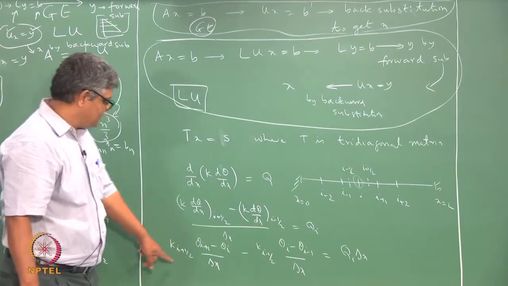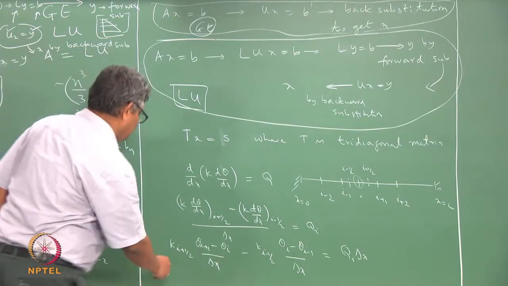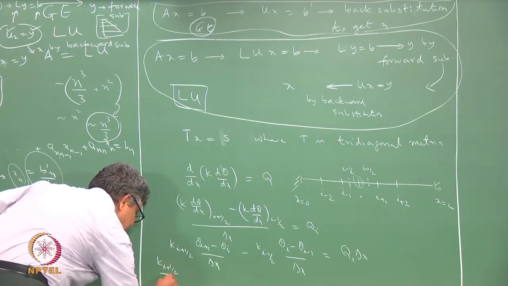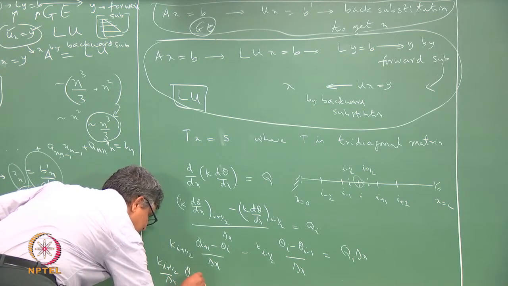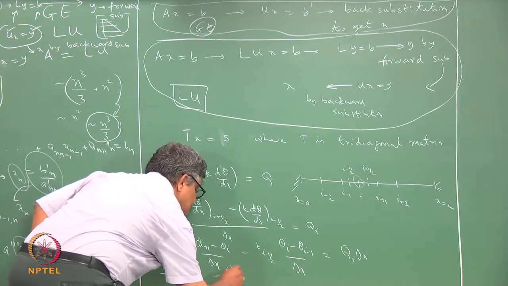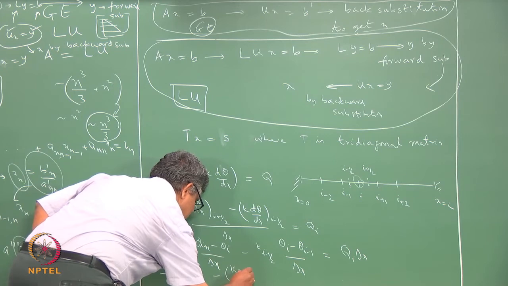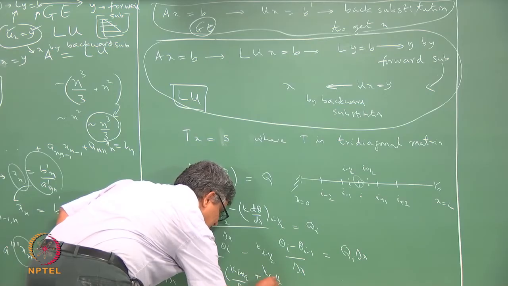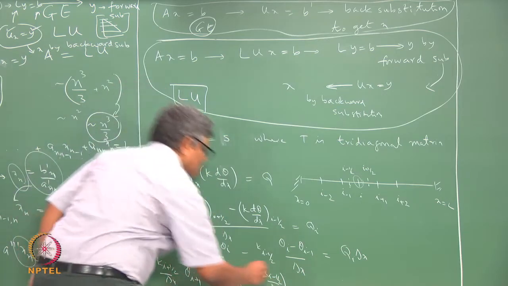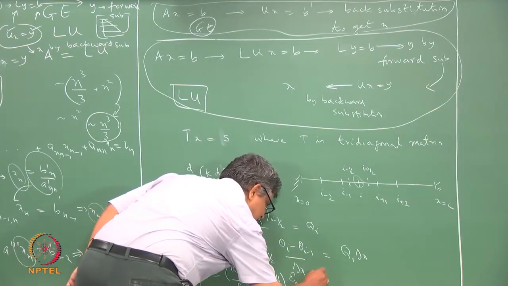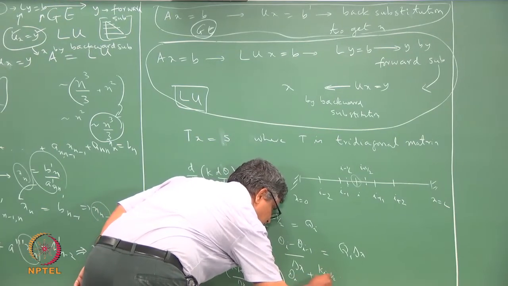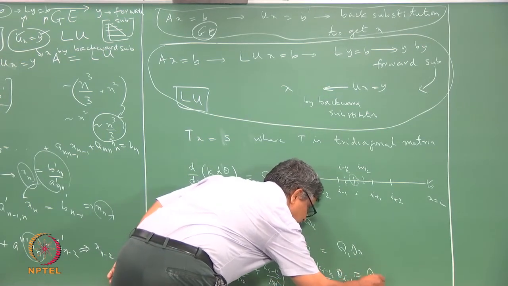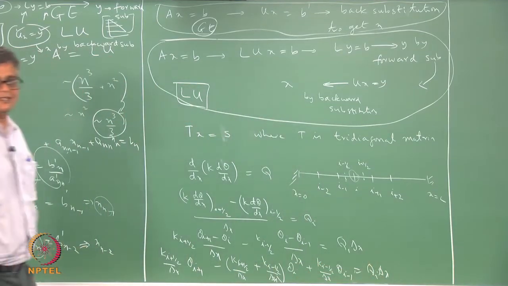So, we can write this as k I plus half by delta x theta I plus 1 minus k I plus half by delta x plus k I minus half by delta x times theta I plus k I minus half by delta x times theta I minus 1 equal to qi times delta x.